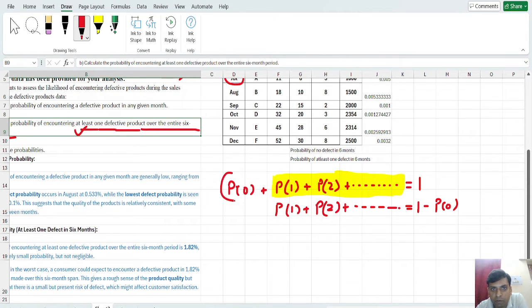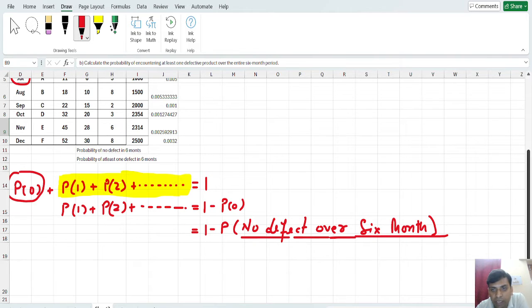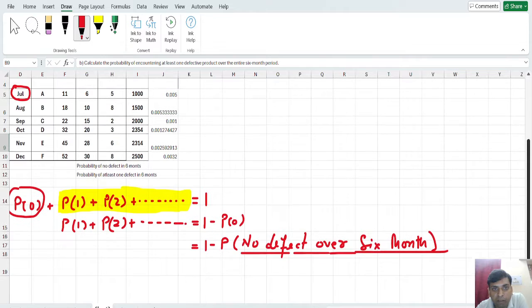We shift this probability to this side, 1 minus P0. So now you can write this as 1 minus the probability of no defect over 6 months. So you need to find the probability of no defect over 6 months, meaning the overall probability of no defect in 6 months.